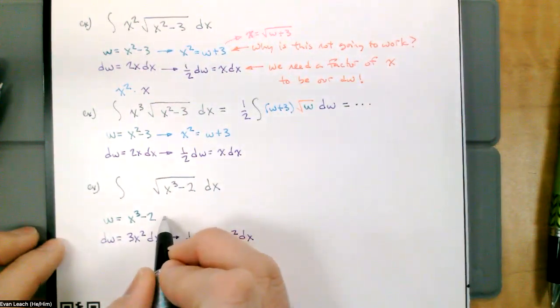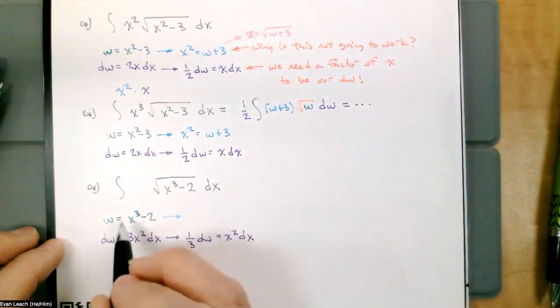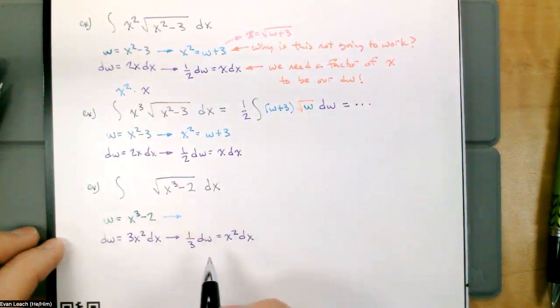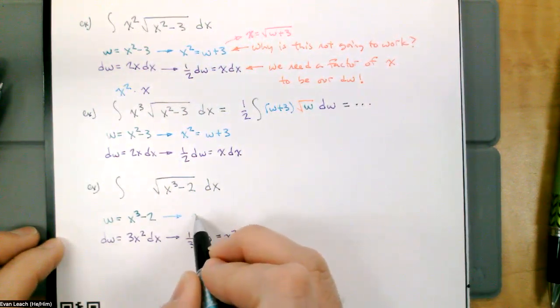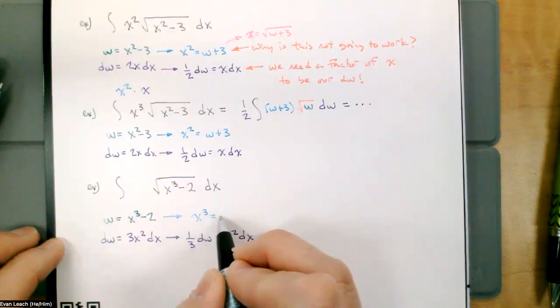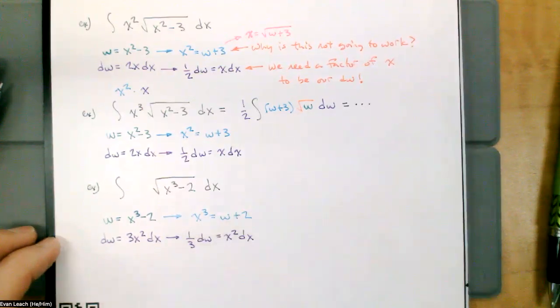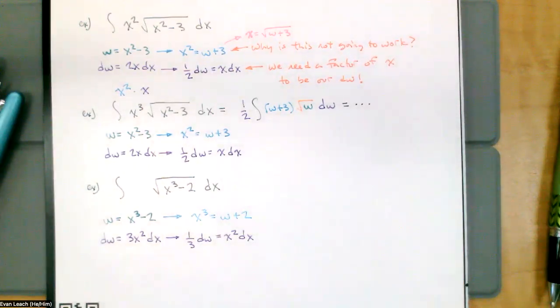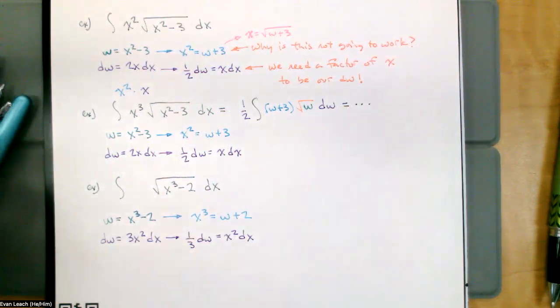So if we want to resubstitute, if we want to get more use out of our substitution, we can turn this x cubed into a w plus 2. So the powers of x that will work are 2, and that, or more than that by 3, because x cubed gets replaced with a w without introducing radicals.